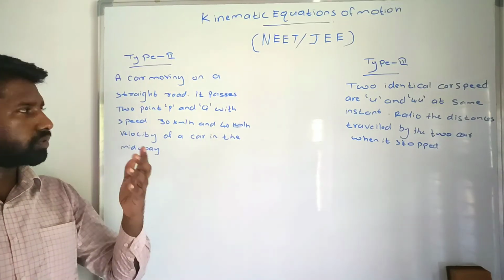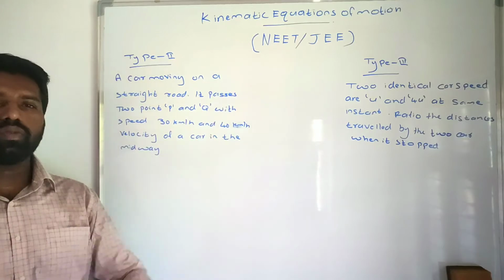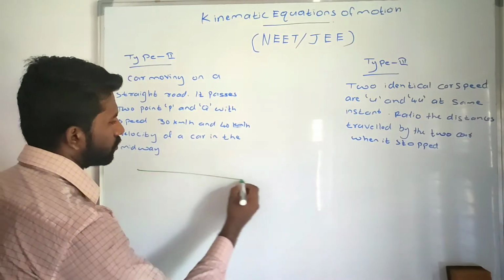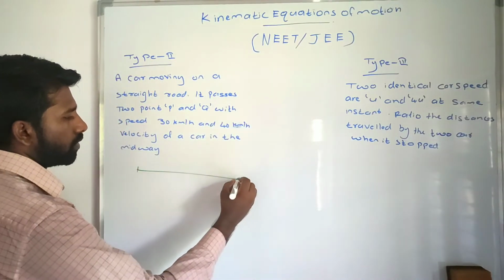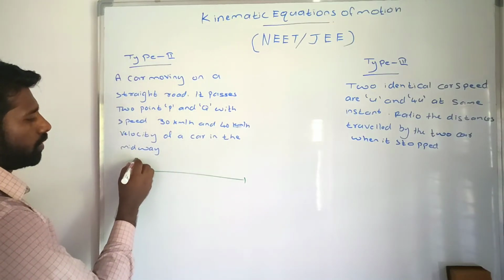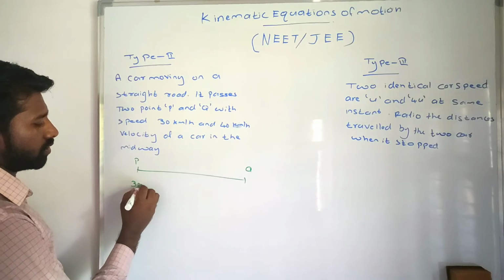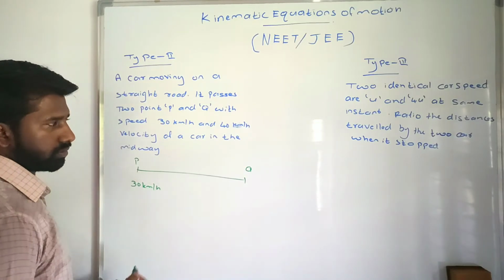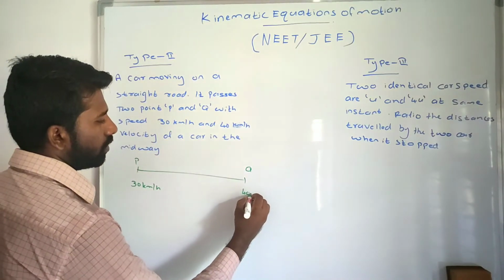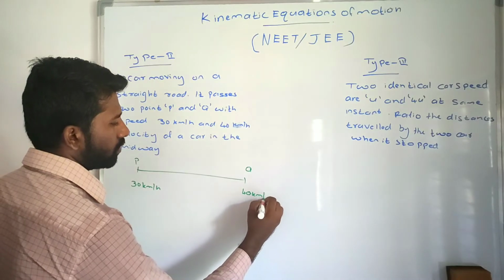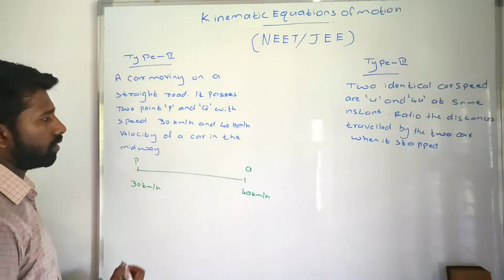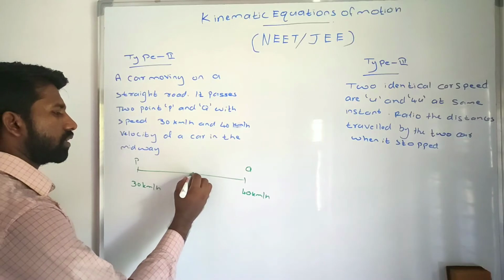So the question is, a car is moving on a straight road. It passes 2 points, P and Q, with velocity 30 km per hour at P and 40 km per hour at Q. What is the velocity of the car at the midway?